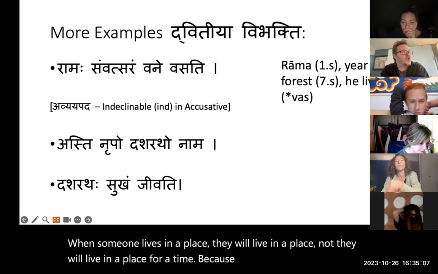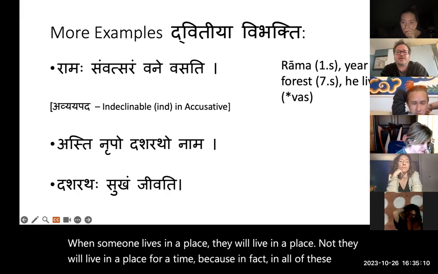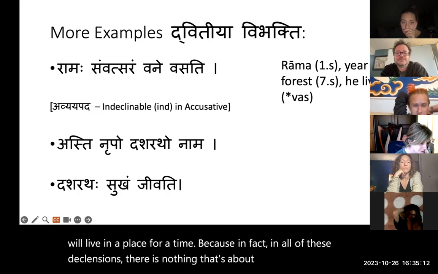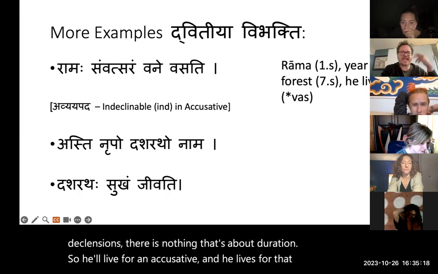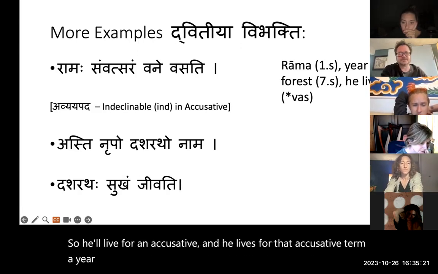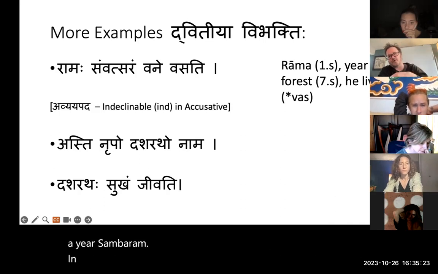In all of these declensions, there is nothing that's about duration. So he'll live for an accusative term, a year, saṃvatsaram, in the forest.